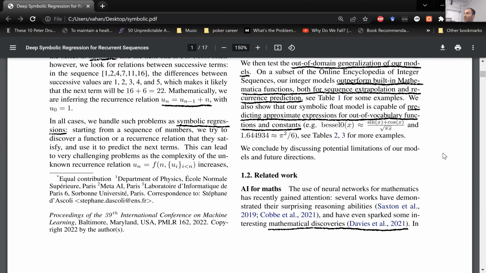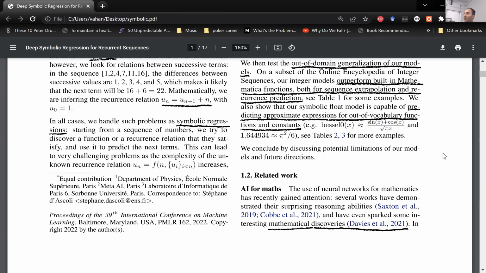As I said, the problem is about finding recurrent formulas to describe a given sequence. So here we can see a few examples. Those formulas can be quite weird looking, right? Like there is this one example here that depends on n, on the previous terms of the sequence, with complicated functions.